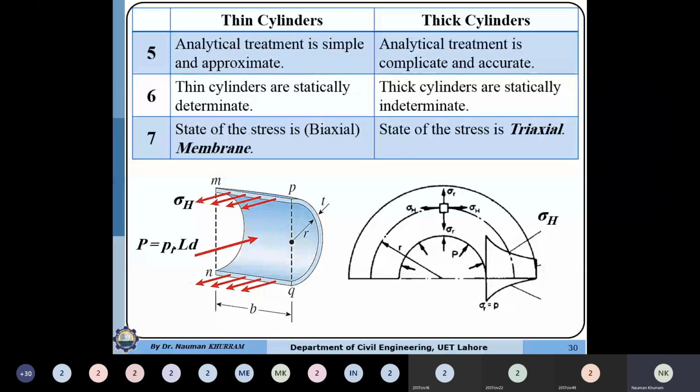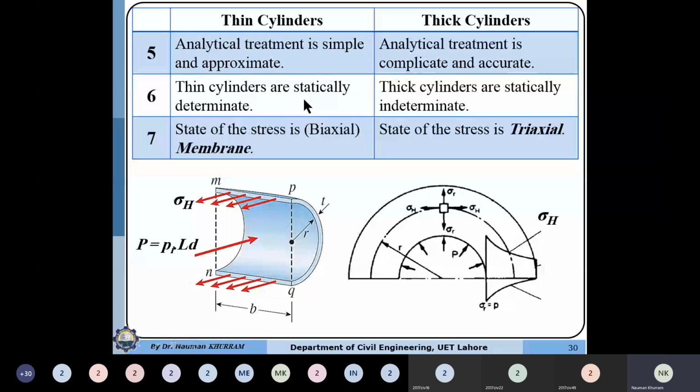We have just computed the hoop stress and longitudinal stress and ignored the radial stress, and the expressions to determine the change in diameter and change in length were also very simple. But for thick cylinders the analytical treatment is complicated but accurate, because we have one more unknown stress component, which is the radial stress.